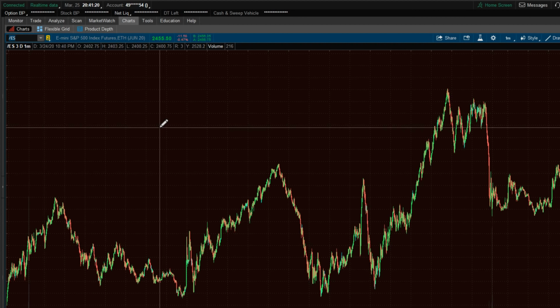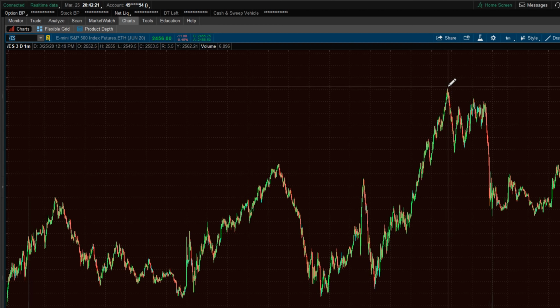And back a month ago, before all the coronavirus and the volatility spiked up, it was almost like $700 to trade a micro E-mini for the S&Ps. So they really made it a lot more affordable for retail traders to dip their toe into the space of futures trading, where you don't need a huge account to go in and start trading futures. So that's a really cool thing for newer traders as well.